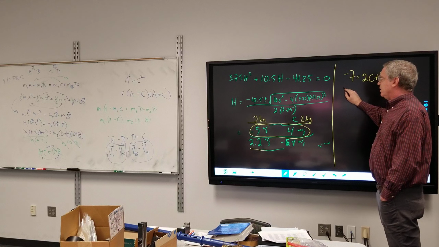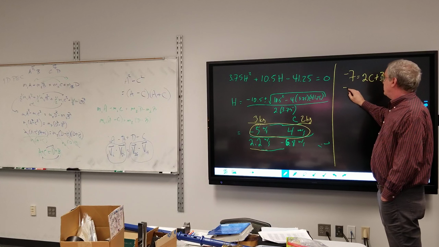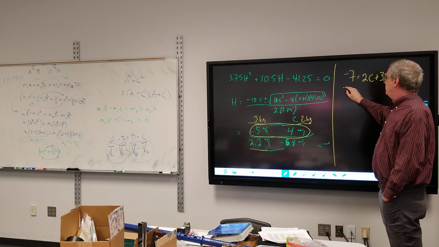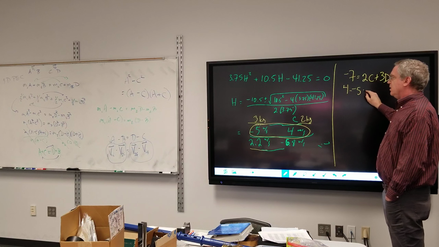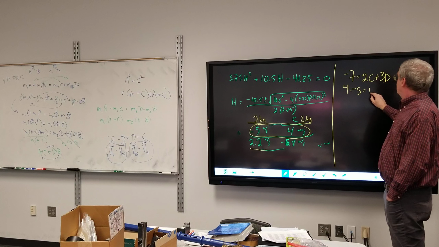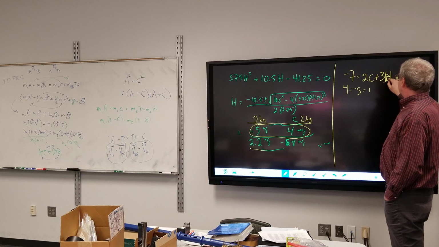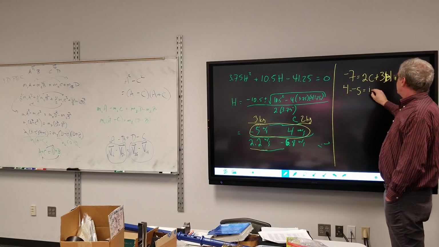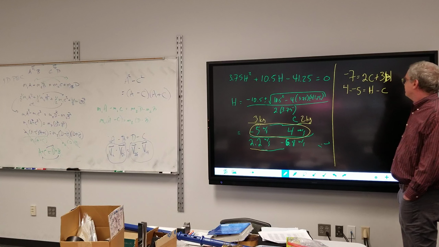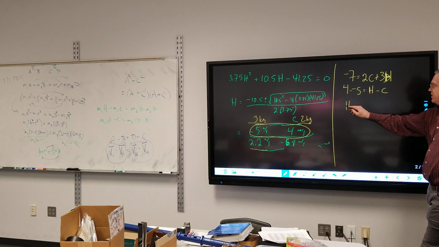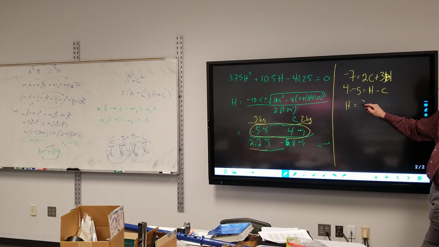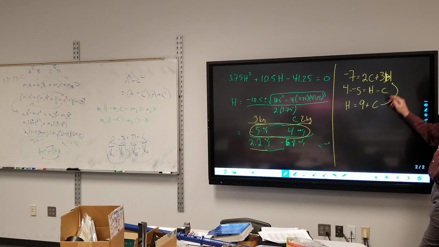So we had 4 minus negative 5 equals, oh, that should be an H, not a D there, equals H minus C. From this, I see that H is equal to 9 plus C. Plug that into here.